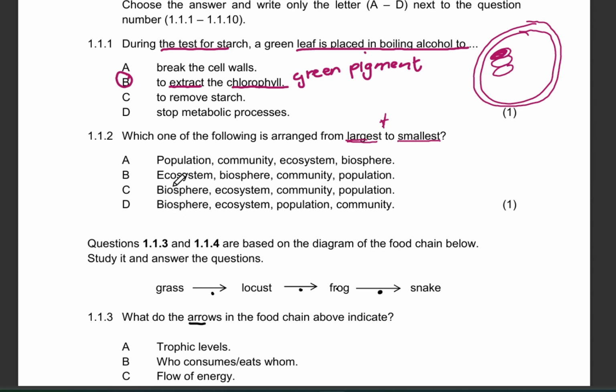So we then focus on option C and option D, because there's a biosphere for C and D, then ecosystem, then only the third word basically tells us which option is correct and which option is incorrect. The correct option for 112 will be option C. It will be the biosphere, ecosystem, community, then population as the smallest.